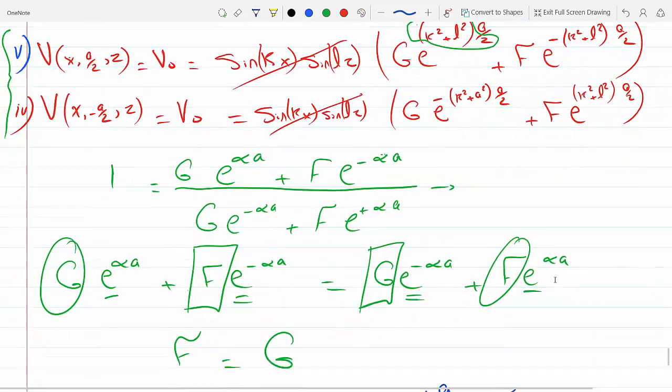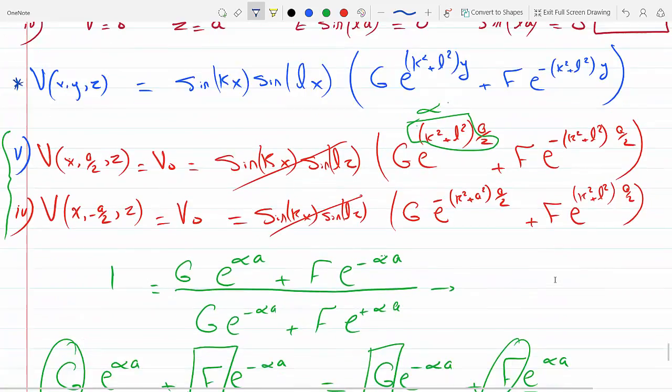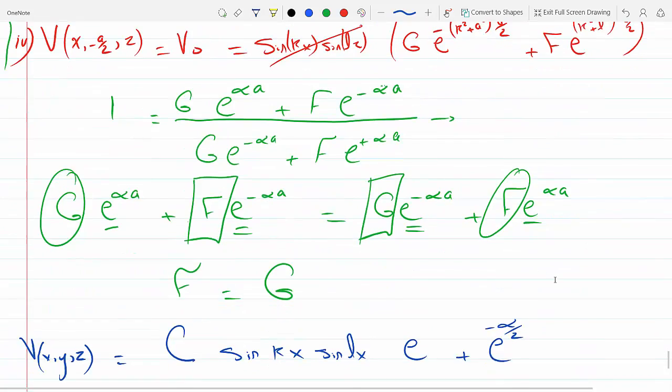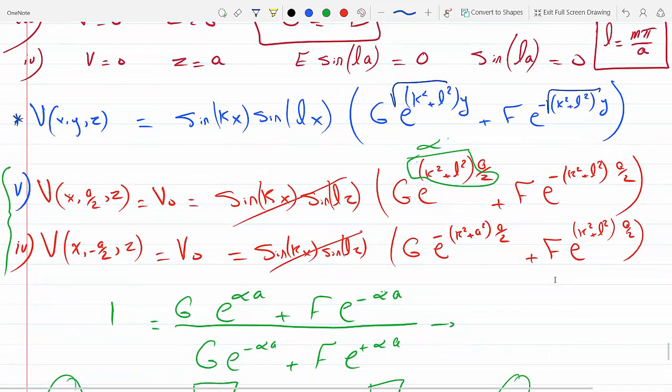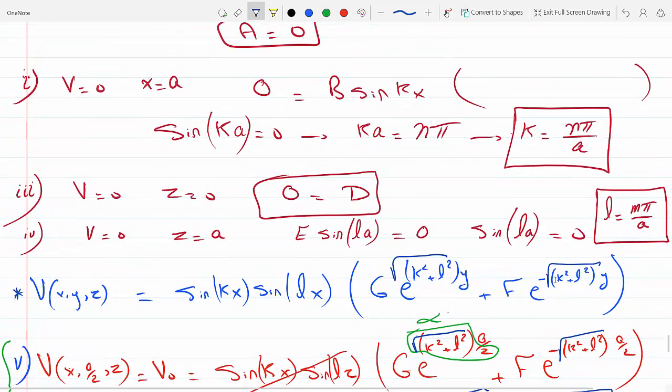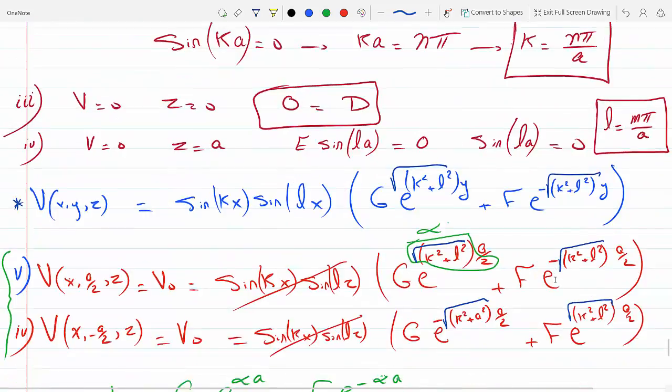Wait, no, I can't use the alpha, because alpha was something else. So this is the square root of k squared plus l squared, times y. Oh wait, I also forgot the square root of these. There's a square root here, because when we solved for this, there was a square root.